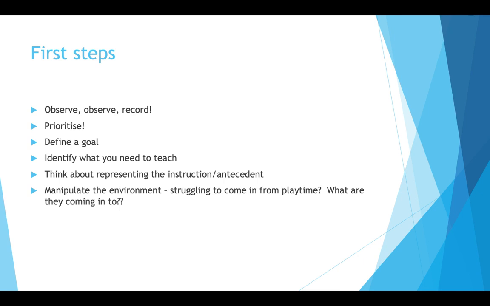Manipulate the environment. Are they struggling to come in from playtime? Well, what are they coming into? Can they do something on the way? If they're a child who loves a job, they love taking something to the office. Well, okay, towards the end of playtime, maybe you could get them to do that to get them in the building. Give them a message, take it to the office, and then playtime's finished.